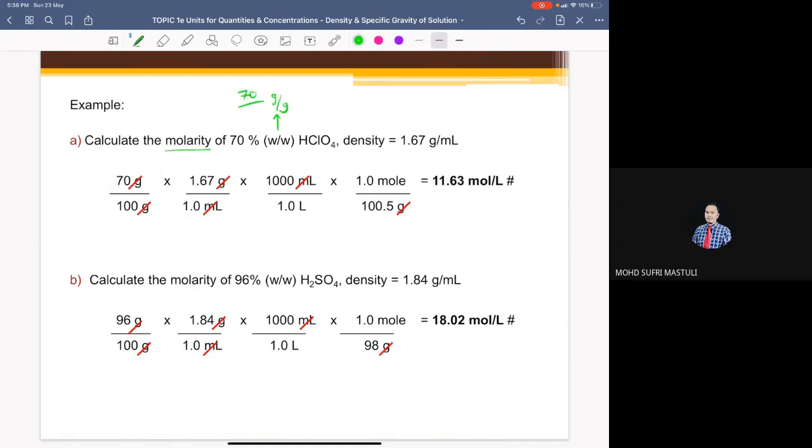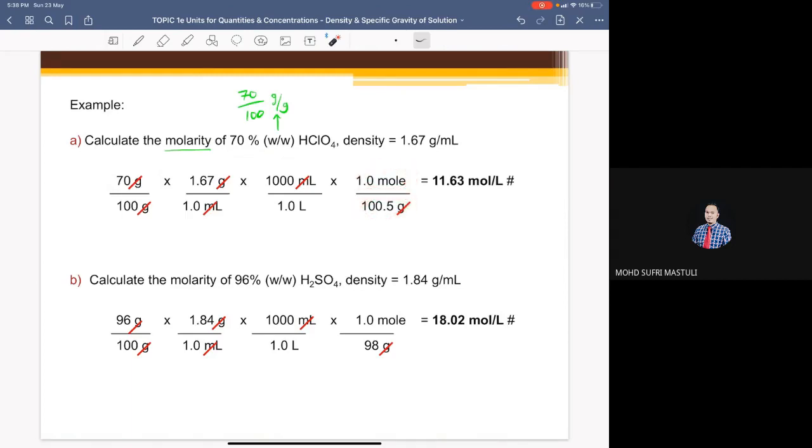70 gram over 100 gram times the density of the solution, 1.67 gram per 1 ml, times 1 liter equivalent to 1000 ml, and the molar mass of perchloric acid, 105 gram per mole.